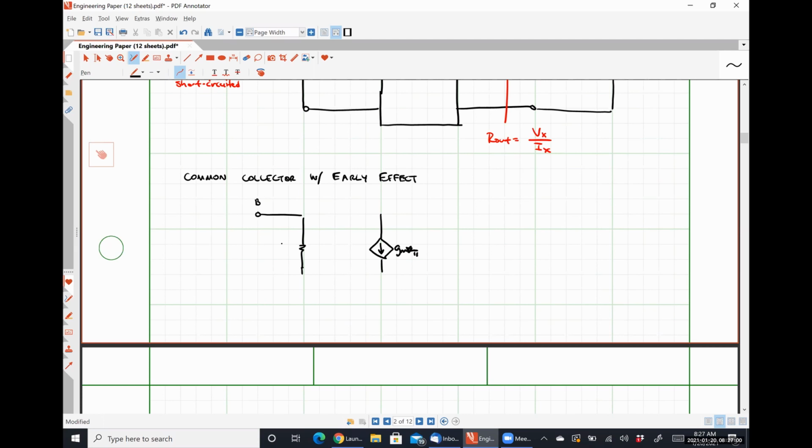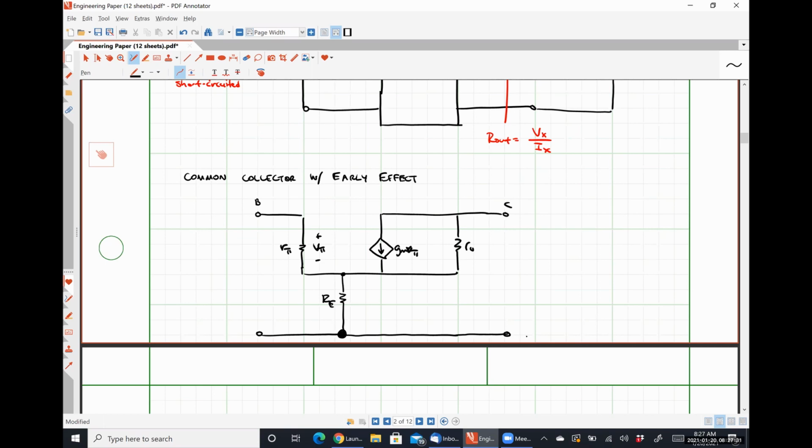V pi, R pi, V pi. Because early effect is present, I have that guy. Here's my collector, C. Here's my resistance, RE. And then this node right here that I'm circling in real dark is my ground because I ran out of room on this page.